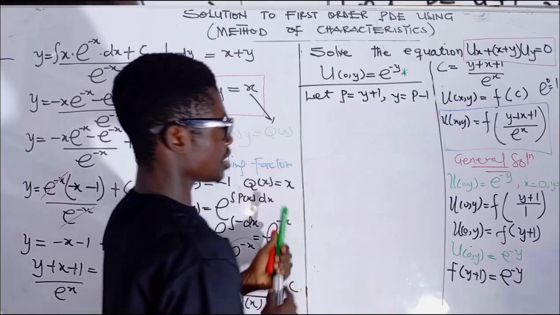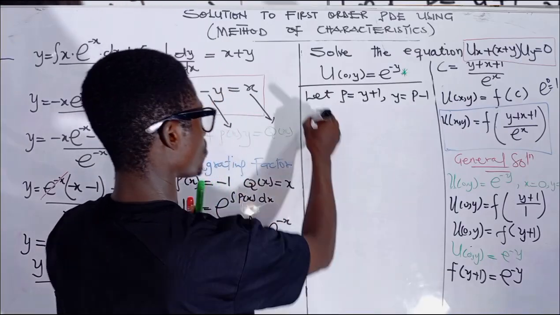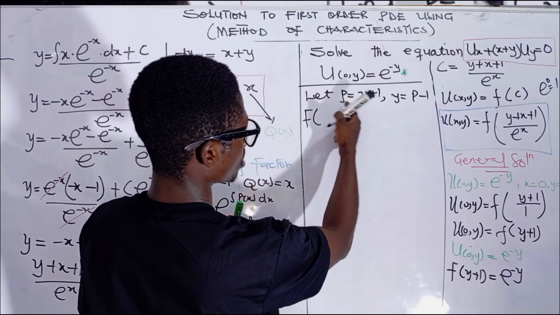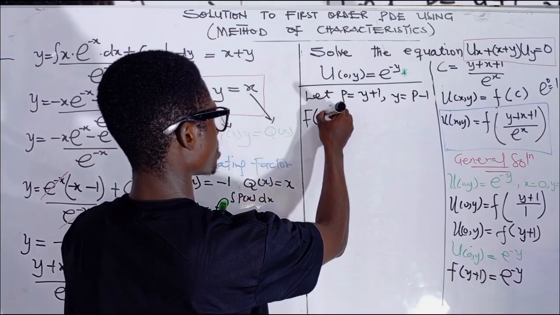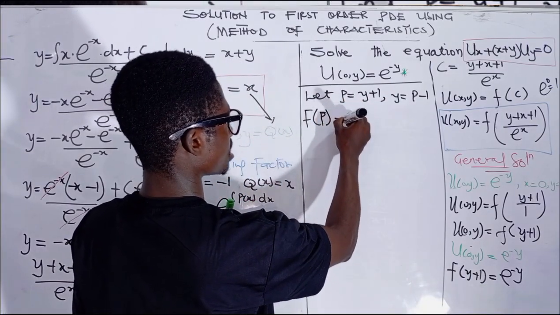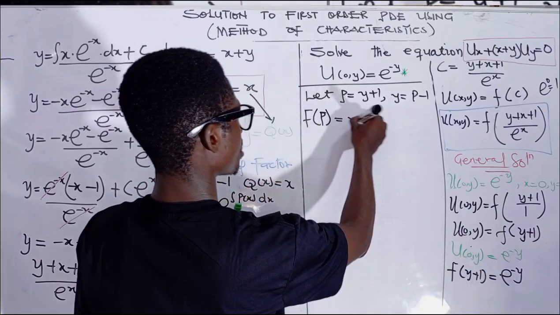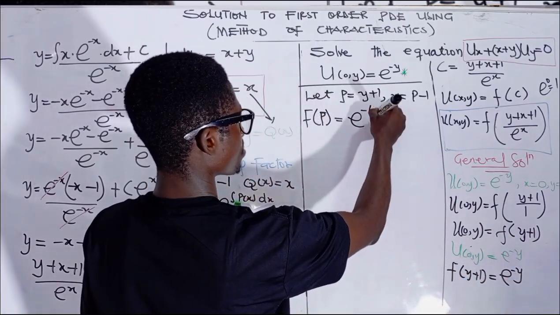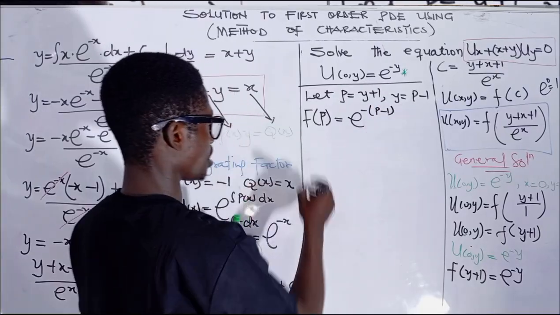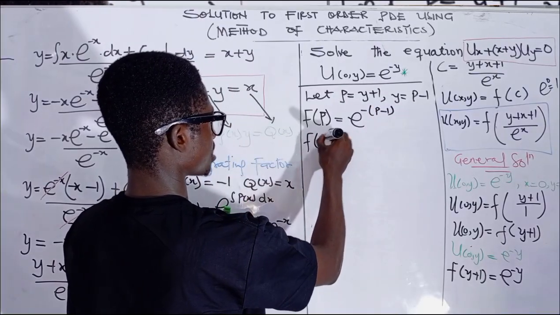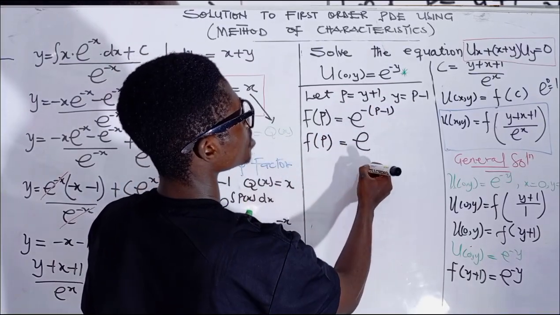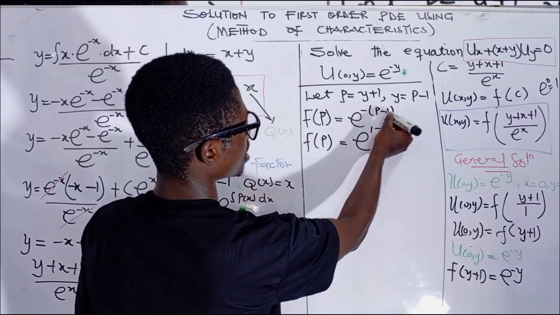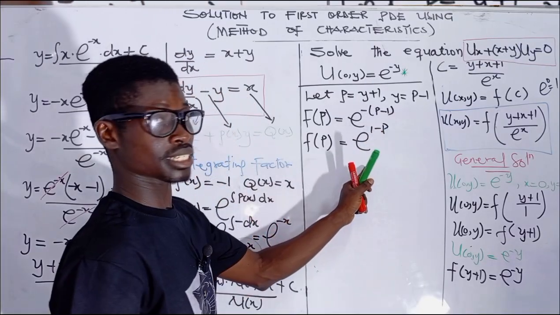So we have f of p is equal to e exponent negative y, where y is p minus 1. So we simplify it and write it as e exponent 1 minus p, because this will give us minus p and positive 1.